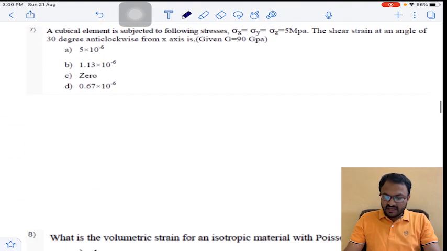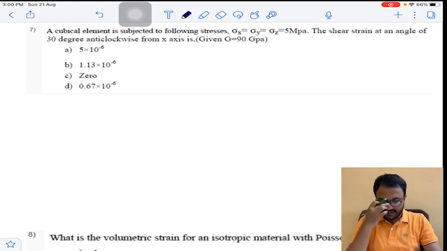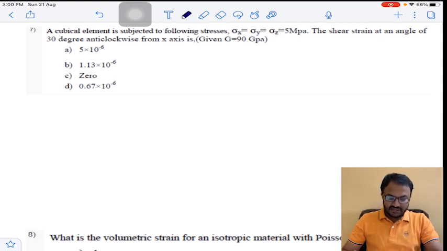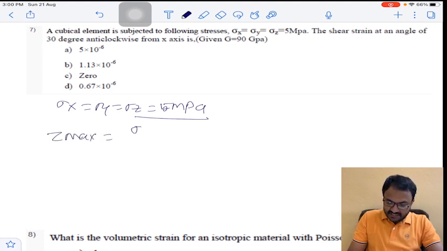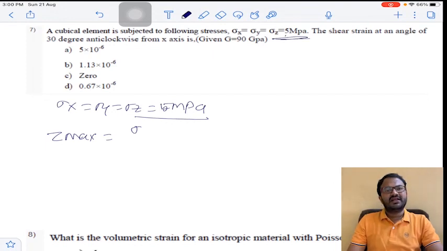For question number 7, a cubical element is subjected to the following stresses sigma x, sigma y, sigma z. Okay, so he has given sigma x equal to sigma y equal to sigma z equal to 5 MPa. So maximum shear stress tau max will become (sigma major minus sigma minor) by 2. Whenever he has not given any shear stress, the given stresses are nothing but principal stresses.